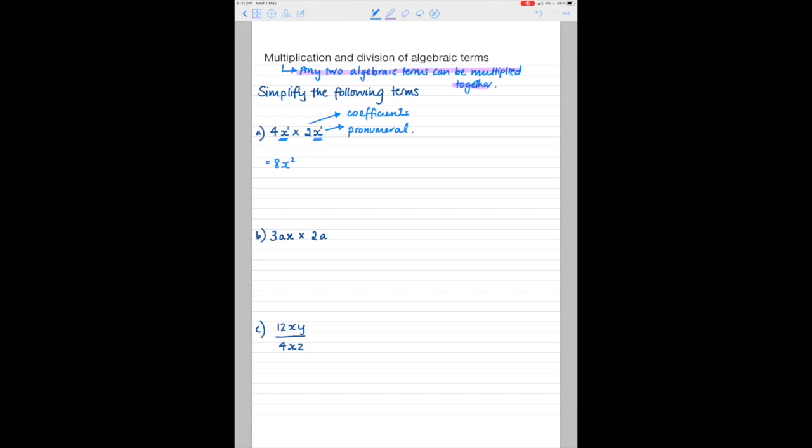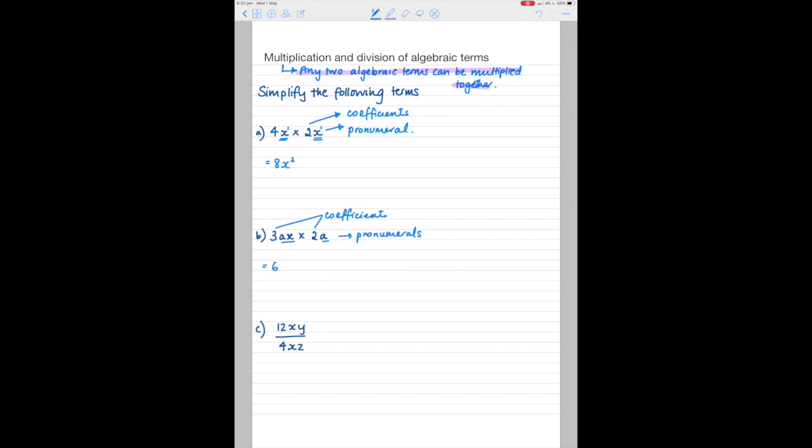So moving on to question B, again our coefficients here are 3 and 2. So I'm just going to write that. And ax and a are our pronumerals. So multiplying our coefficients together first, we get 6.